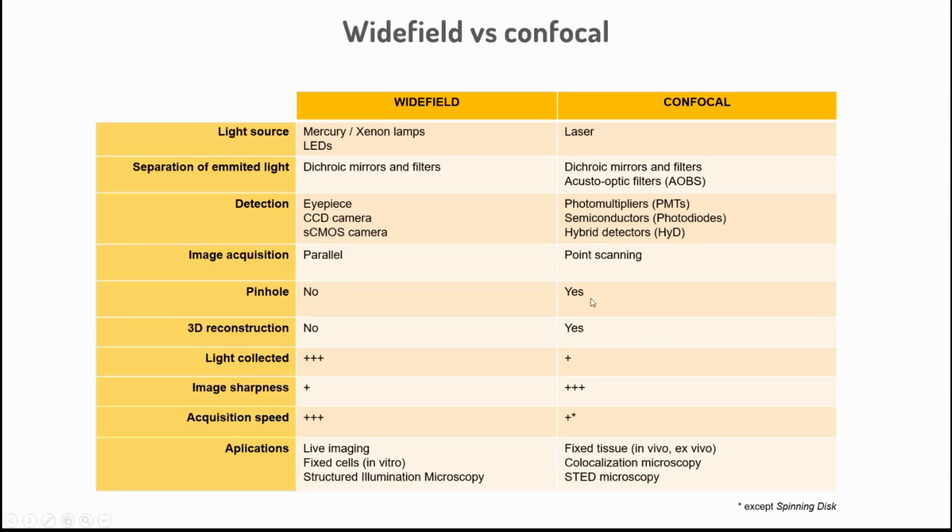So there are big differences between wide field and confocal. For example, the light source in wide field, you can use LEDs. We used to use mercury lamps and xenon lamps, but now we don't use them anymore. We use mostly LEDs. But in the confocal, you need a laser. And why do you need a laser? Because you're filtering most of the light.